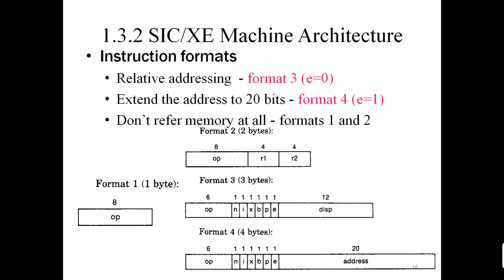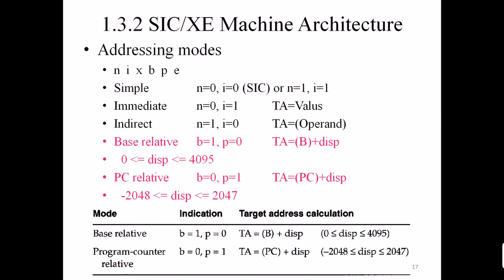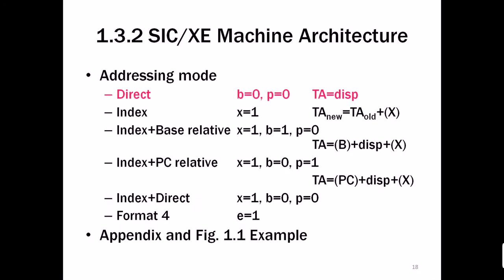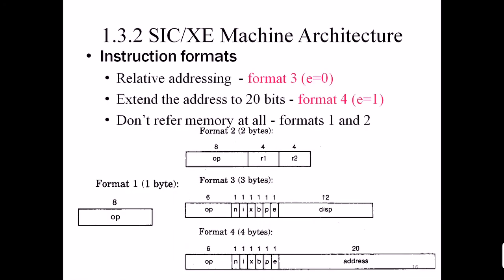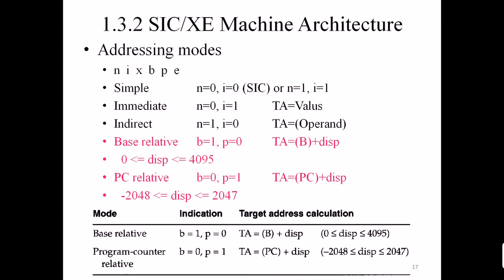Okay, next, addressing modes. It is simple addressing mode when n is 0 and i is 0. As you can see in the previous values, n, i, x, b, p, e, depending on these values we will see which addressing mode we use here. If n and i are both 0 or both 1, it is a simple one, that means it is SIC format, and we can use SIC format here.